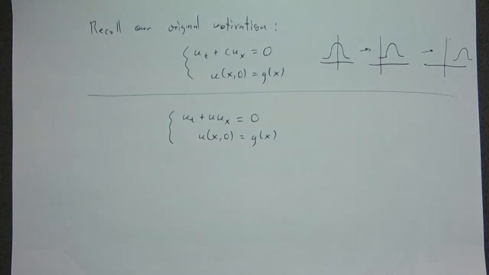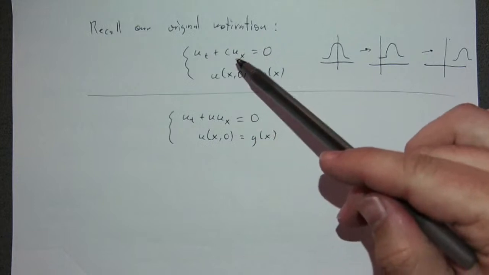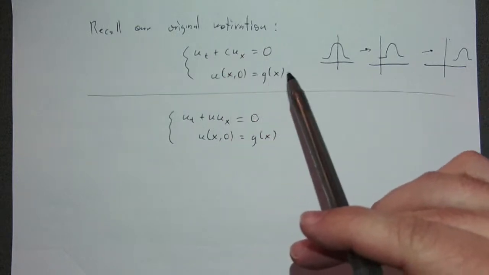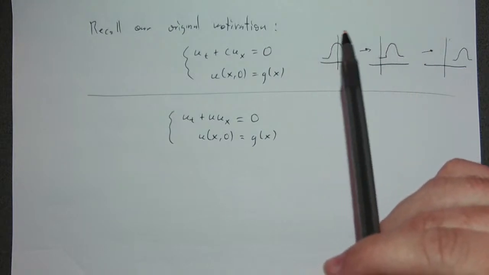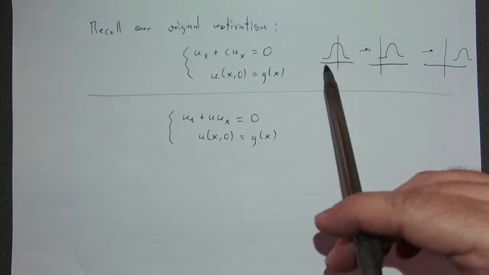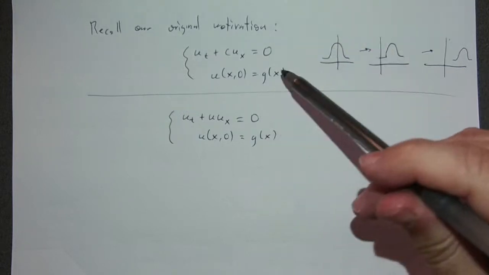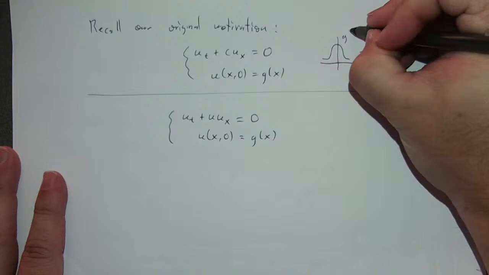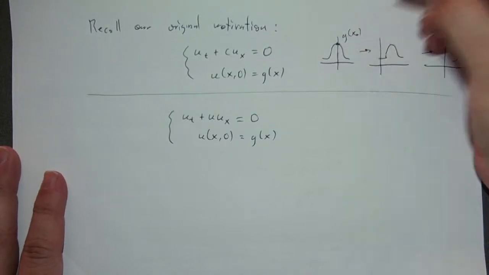Going back to this constant speed transport equation, we could think about the height of this signal, the value of this at a point.